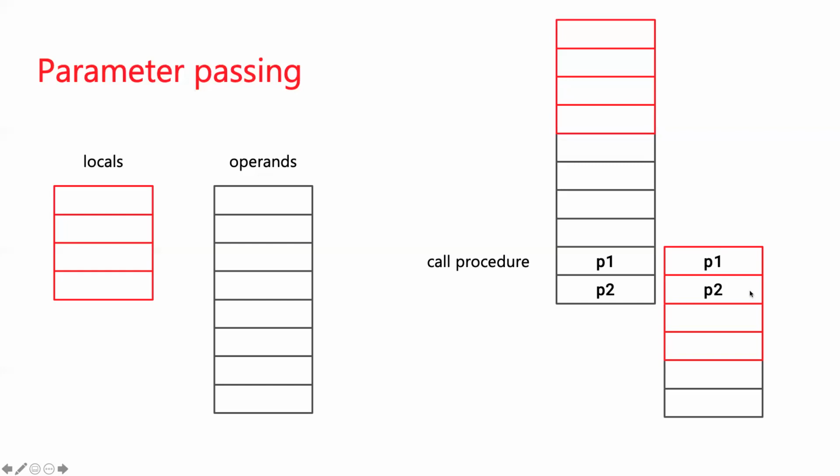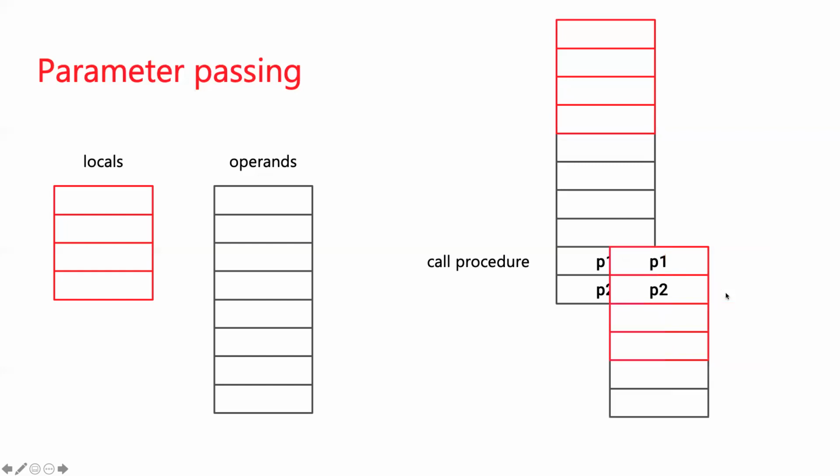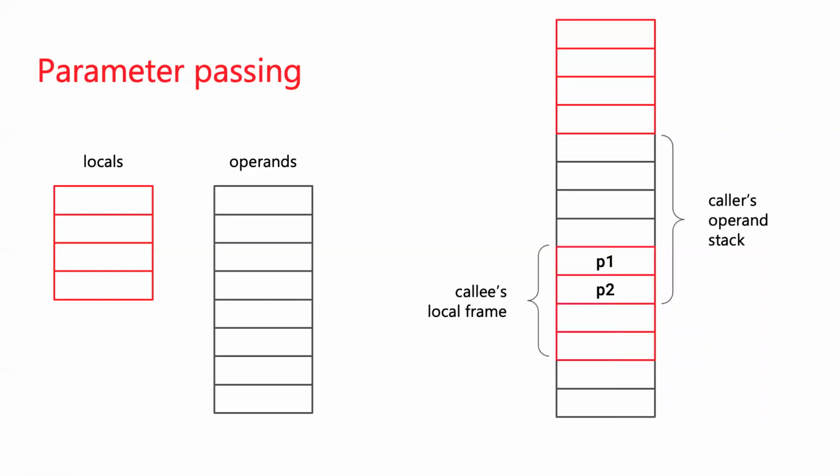Well, whenever we start that method executing, we could copy those parameters over to the local variable array for that new method, or we could just let it use that section of memory as the start of its local variables. And to make Java more efficient, that's how it can be implemented, just like we did in assembly language.